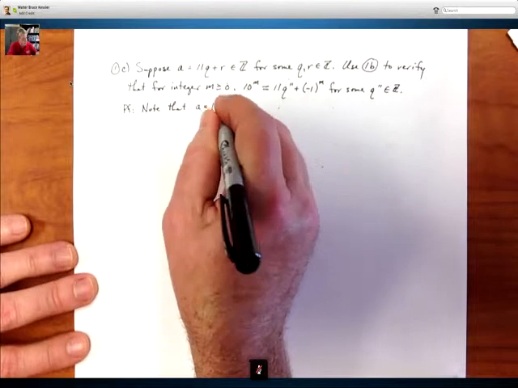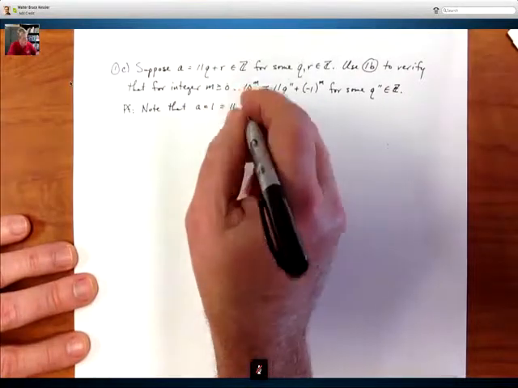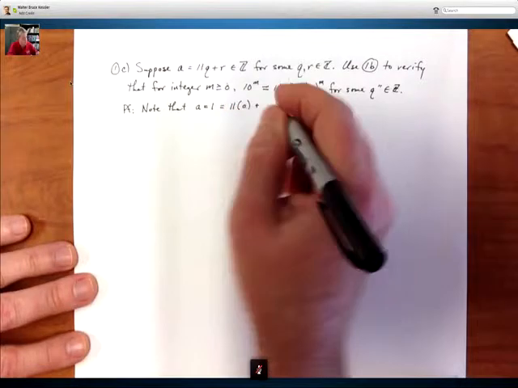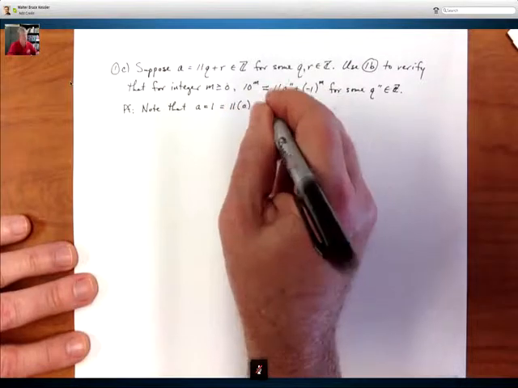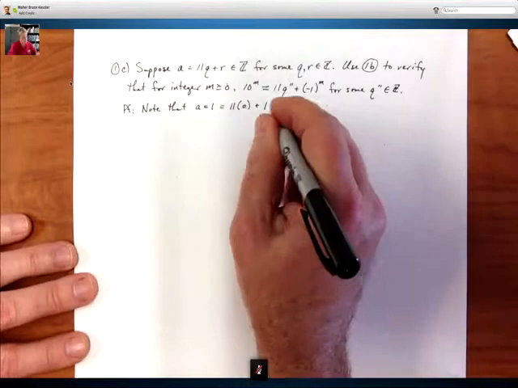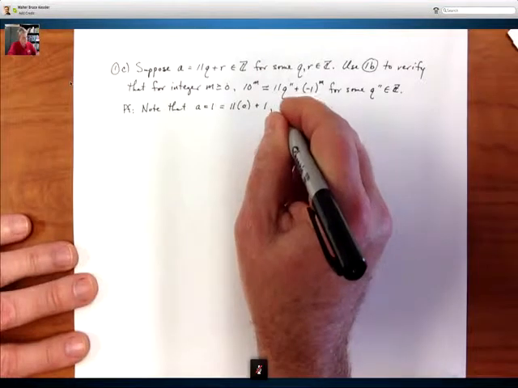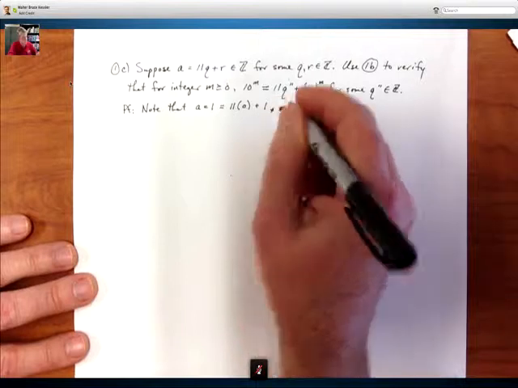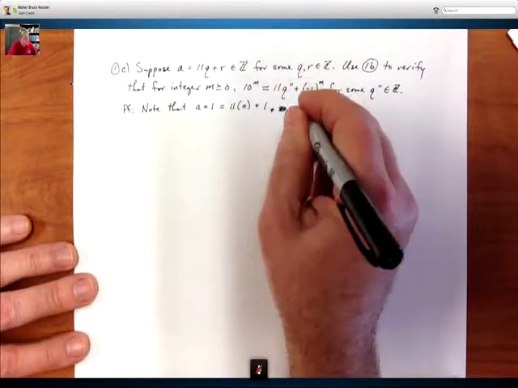Note that a equals 1 can be written as 11 times 0 plus 1. Okay, I'll say this as neatly as possible.